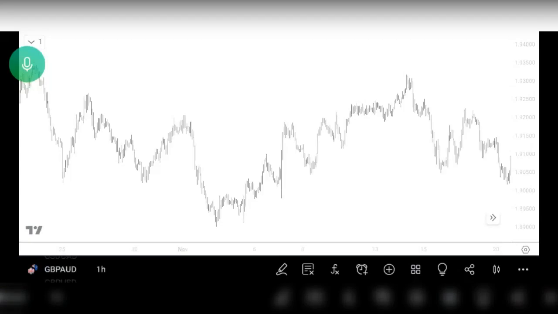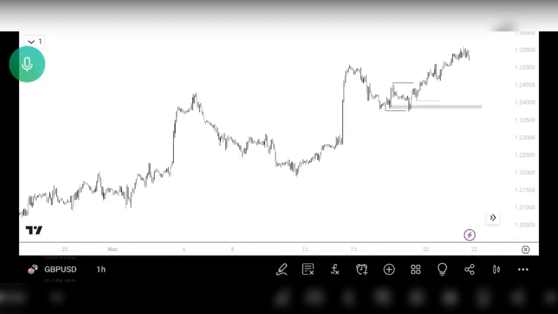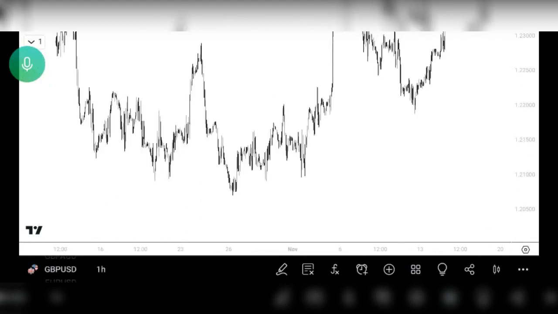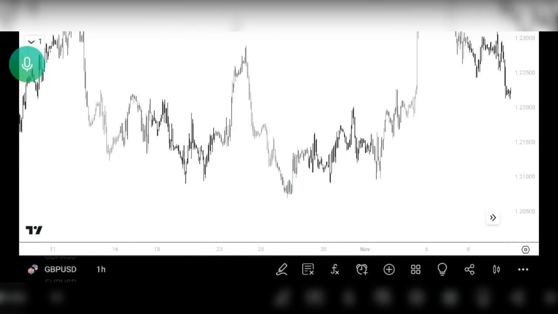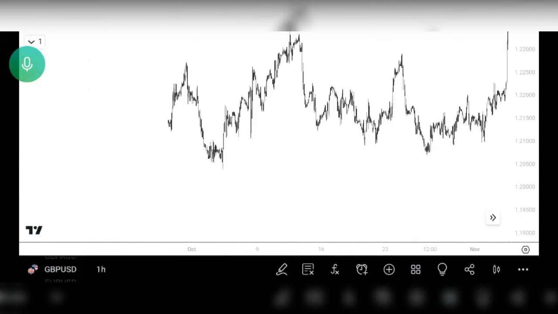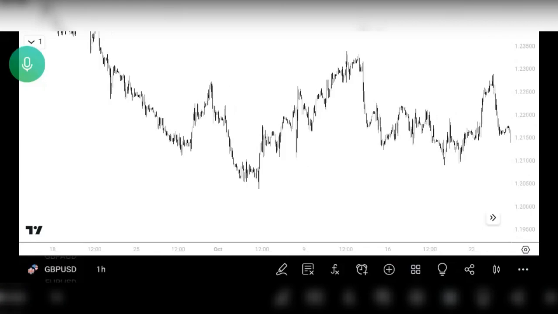Let's see this. Talking about this particular pair, GBP USD, let's quickly use it and I'll show you how it occurs.